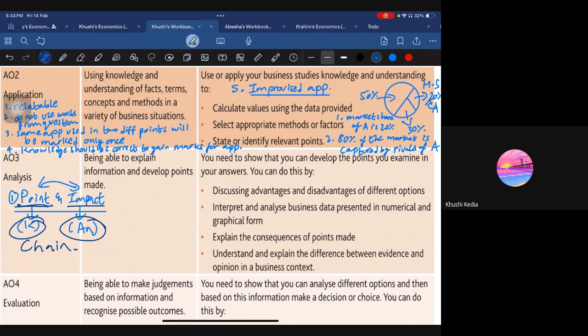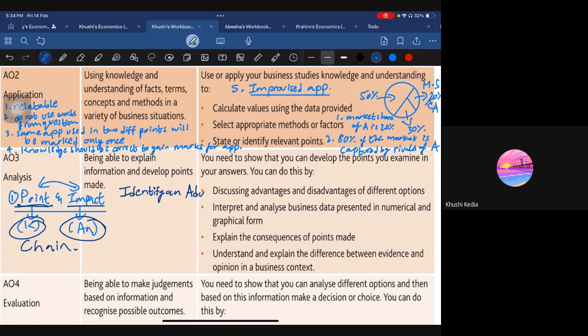A student asks: in the knowledge point, let's say we have to write a definition. My first part of the definition is correct, and the second part is not that accurate, but I also include an example along with it. Do I still get my 2 marks, even if the second part of the definition is not that accurate, but I've included an example? Yes, you'll still get 2 marks.